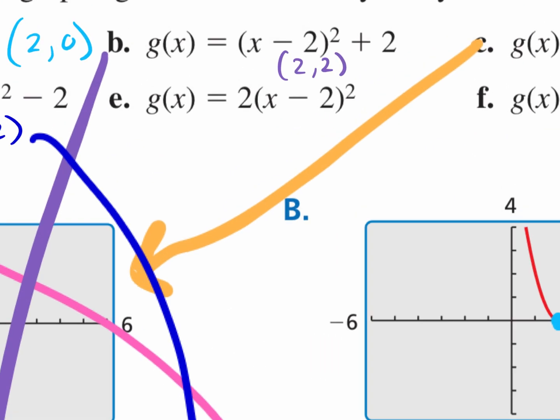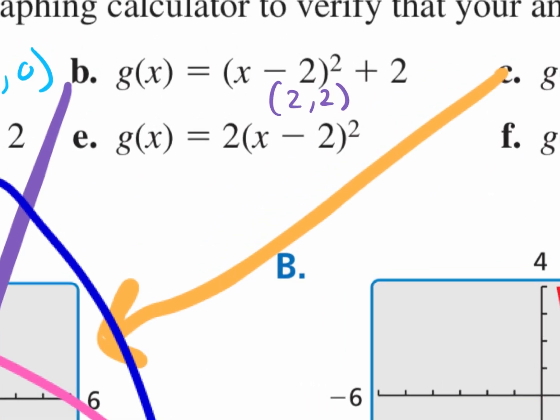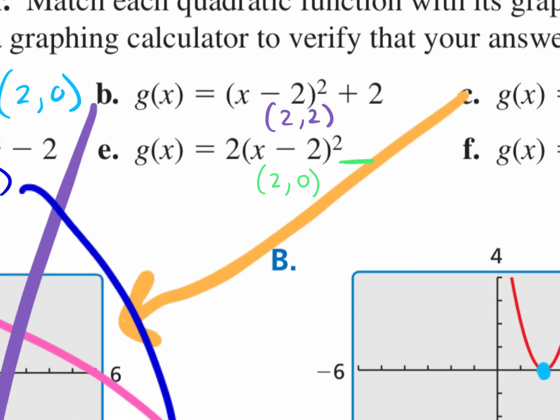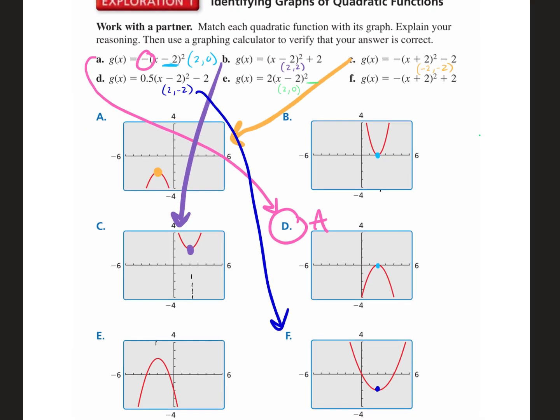Next, for E, my vertex here would be (2, 0), because I'm not adding anything on the outside. The only one left that has a point at (2, 0) would be B. So E goes with B. And then lastly, F is going to go with E, the only two that are left.